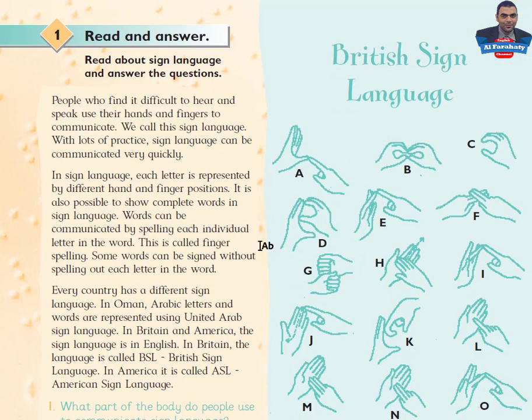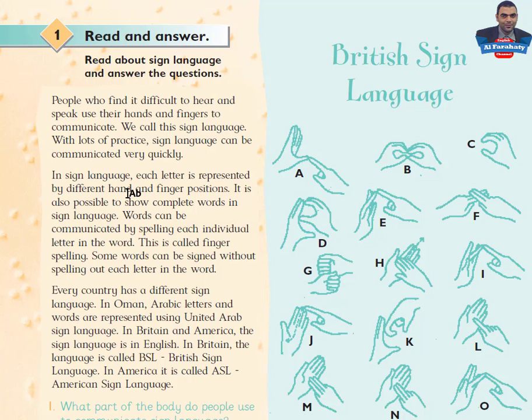Okay, again, in our lesson. People who find it difficult to hear and speak use their hands and fingers to communicate. We call this sign language. With lots of practice, sign language can be communicated very quickly.